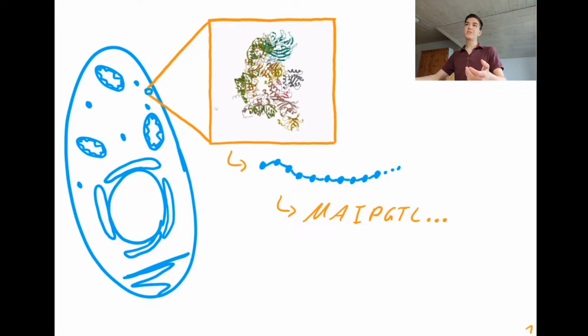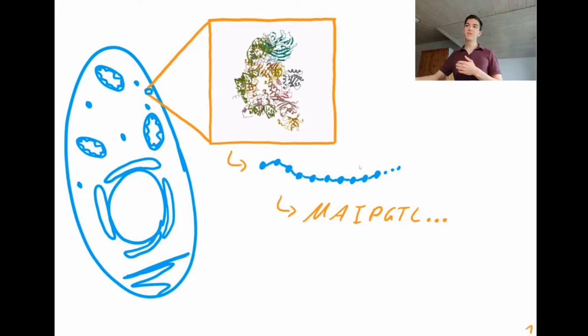Okay, but then what is our input? We have this protein right here, maybe, and we want to know where it locates. But how do we represent this protein on our computer? Well, proteins are really just a long chain of different amino acids. This big molecule, a protein, is made up of small molecules called amino acids, and we have 20 different ones.